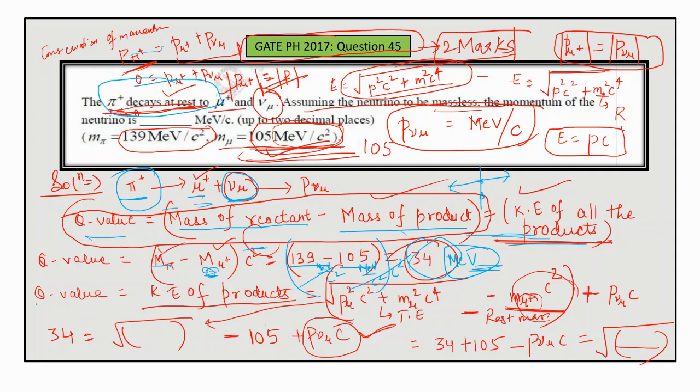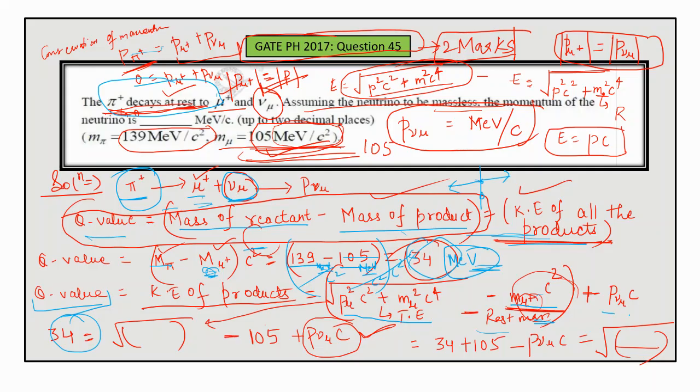Okay. Now I again use the concept of Q value. 34 is equal to the kinetic energy of the products. So the kinetic energy of the product will be for muon, and for muon neutrino you have to write the kinetic energy, and it is written here.